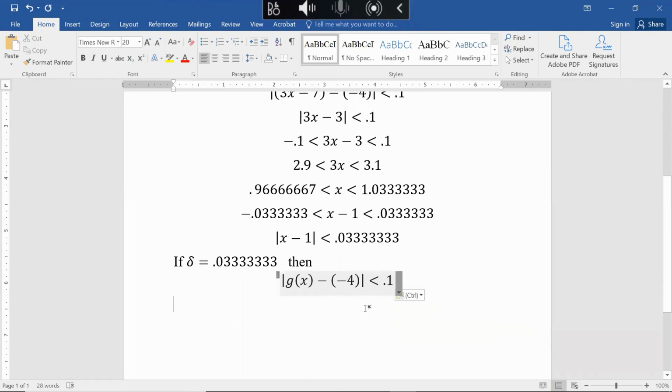So as long as I have delta be 0.03333, then my function output is within 0.1. Now, obviously on Moodle or something, I would have you round to maybe 4 decimal places. Hopefully you get the picture, the point.